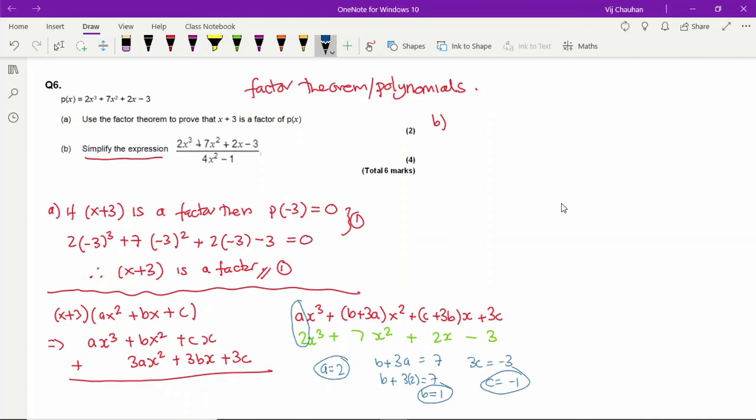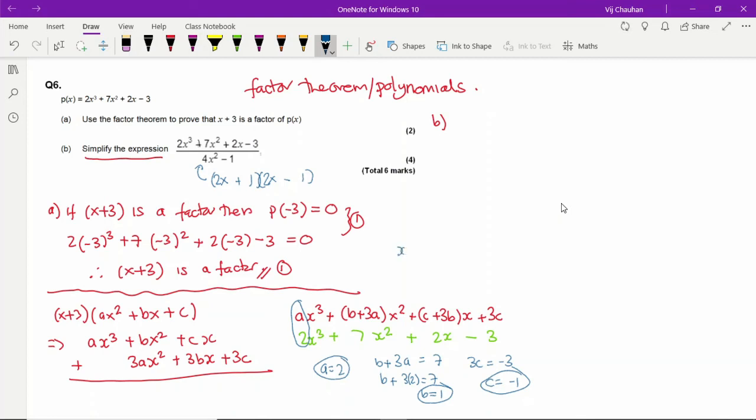So from this, now factorising the denominator, well I should notice that this is a difference of 2 squares, so that's going to be 2x, 2x, 1 and a 1, one's a plus, one's a minus. So from this we've got our expression. So first of all, let's just finish factorising the numerator.